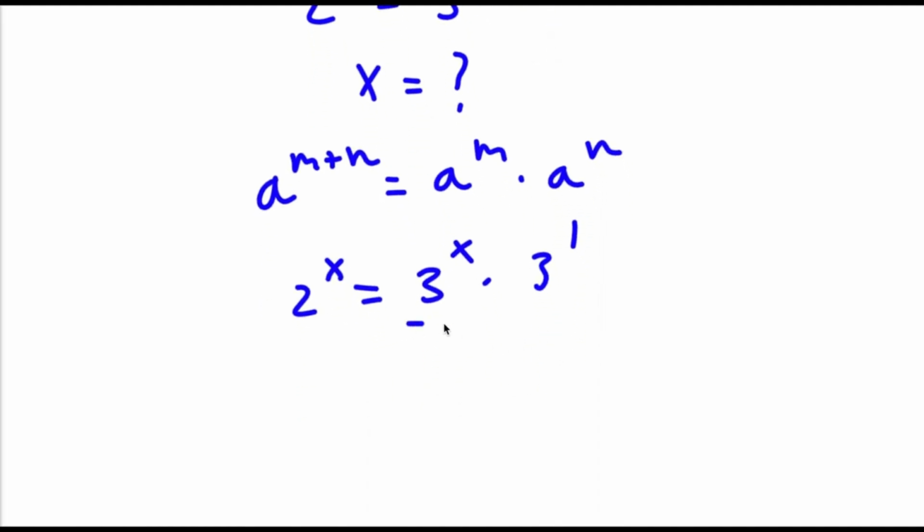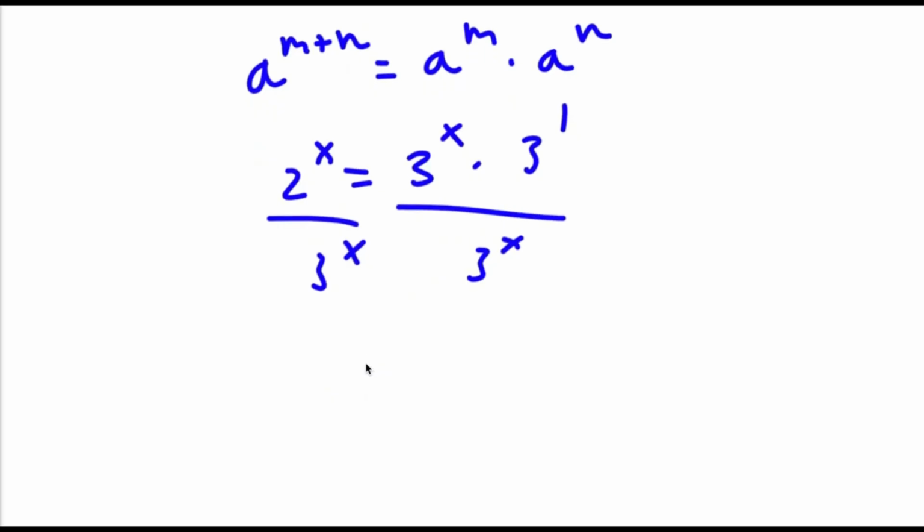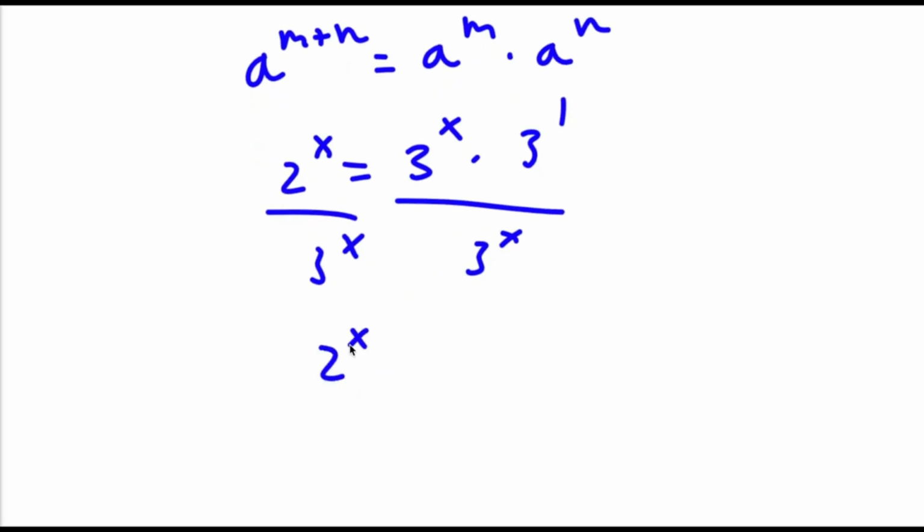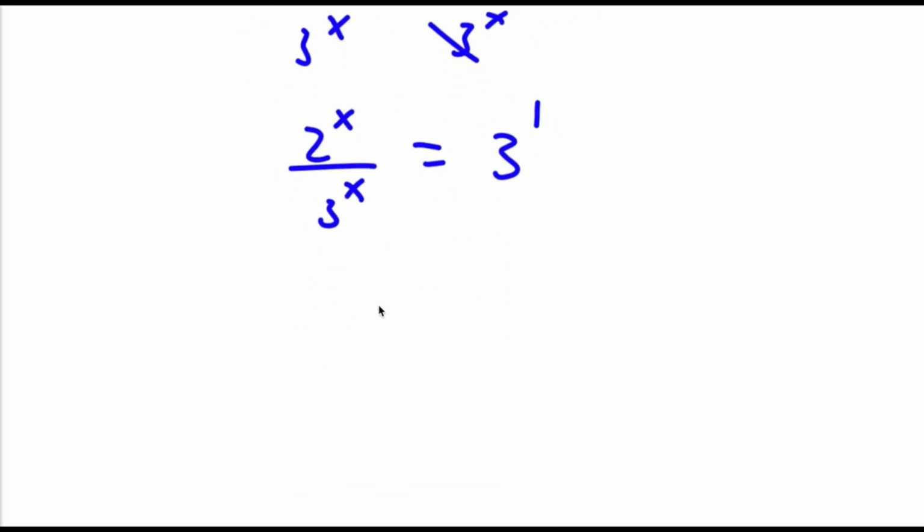Now, if I divide both sides by 3 to the power of x, I get 2 to the power of x over 3 to the power of x is equal to, and then these two will cancel out, so I'll simply be left with 3 to the power of 1. Now 3 to the power of 1 is the same thing as simply just 3.